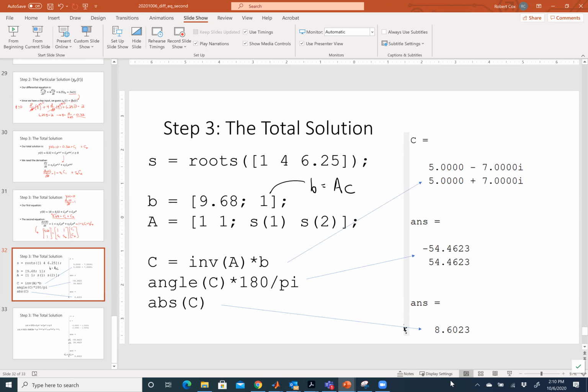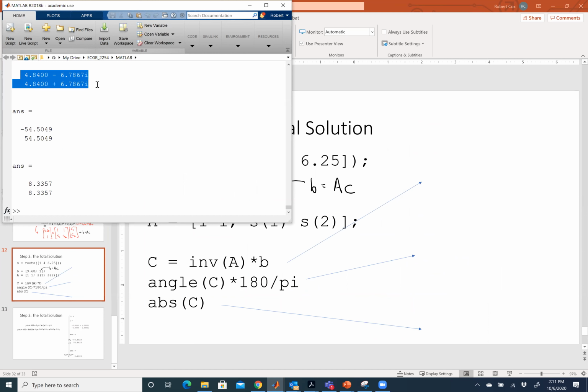All right, so what are they actually? I just did it in MATLAB properly. So I pasted that code in there. There's my C values. Okay, right there. Now they're complex conjugates of each other. Okay. I see that.